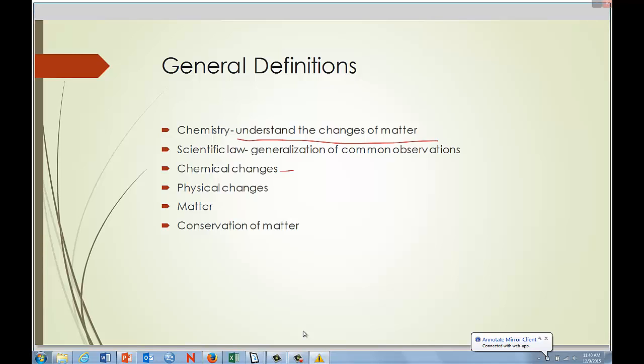Chemical changes versus physical changes. Chemical changes, we're looking at something that either cannot be changed back, or at least not very easily, or it's not the same thing when you're done.